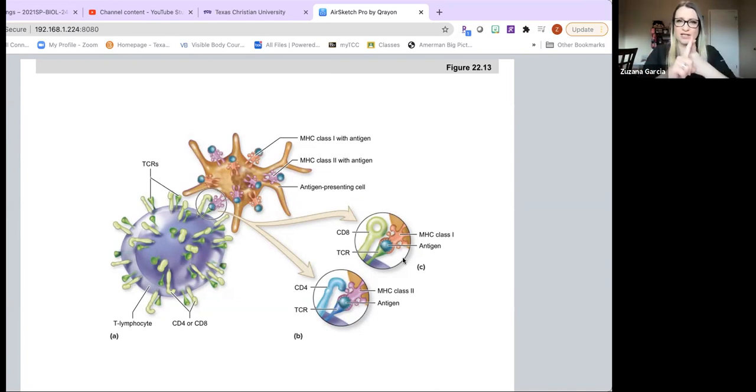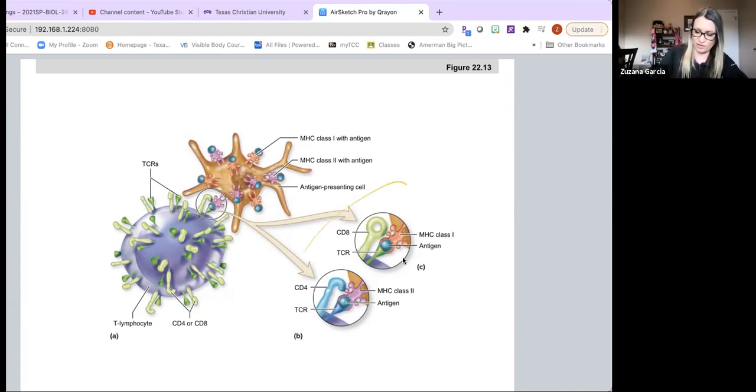Okay, so what I need you to make sure that you know is what goes with what. The MHC class 1 molecule interacts with the CD8 co-receptor of the cytotoxic T lymphocyte. Again, the MHC class 1 molecule interacts with the CD8 co-receptor on the cytotoxic T lymphocyte. MHC class 2 molecule is going to interact with the CD4 co-receptor on a helper T lymphocyte.